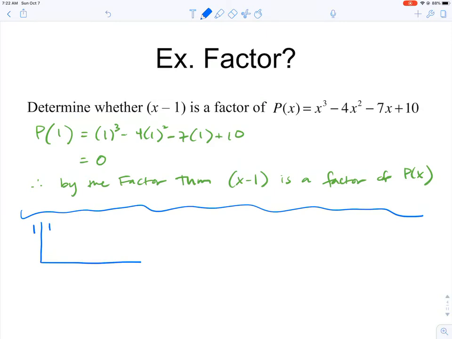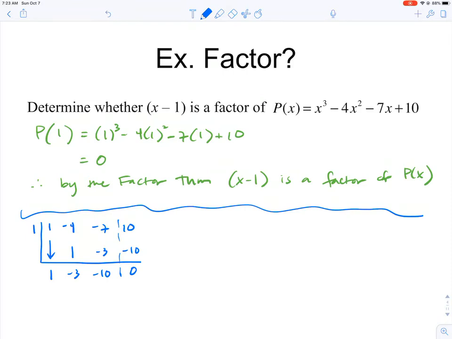Could use long division too, but we might as well use synthetic when we're able to. So 1 times 1 is 1. Add straight down. Add straight down. And just like we expected, we can see that our remainder is 0.